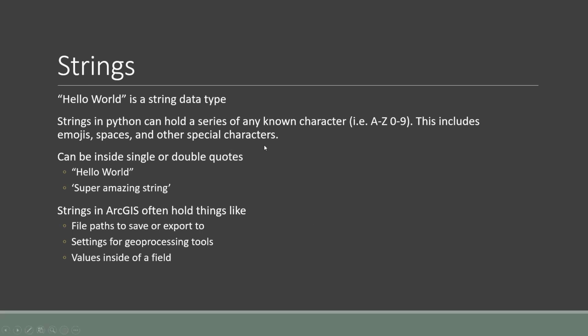That's something to keep in mind, since although Python supports Unicode, ArcMap does not. ArcGIS Pro doesn't support the entirety of Unicode, so you may end up experiencing some weird things there. That's a little bit of a tangent. I've had some really weird stuff show up through those spreadsheets, and it's all due to Unicode.